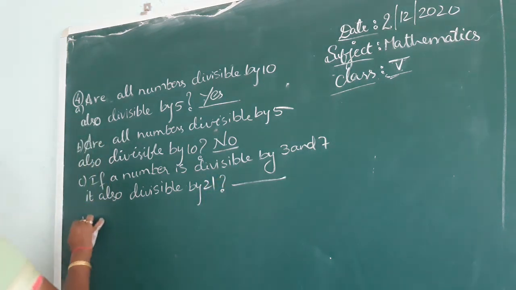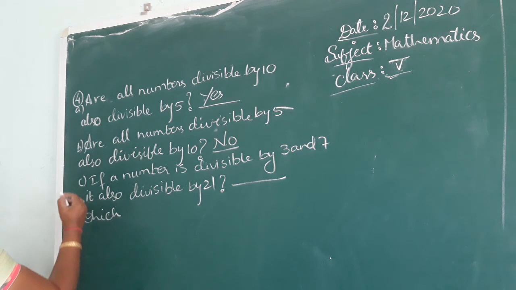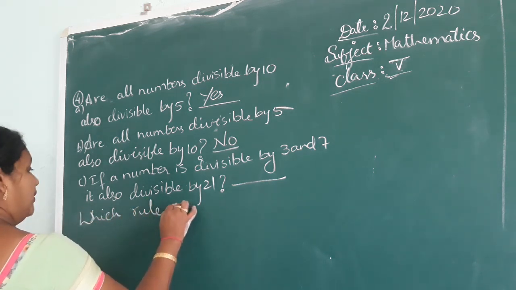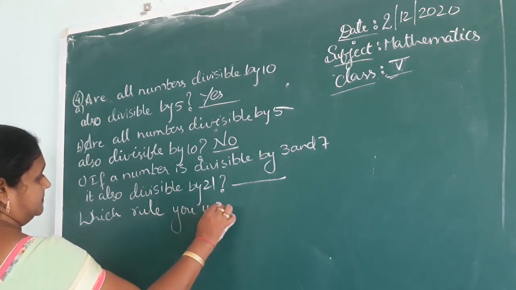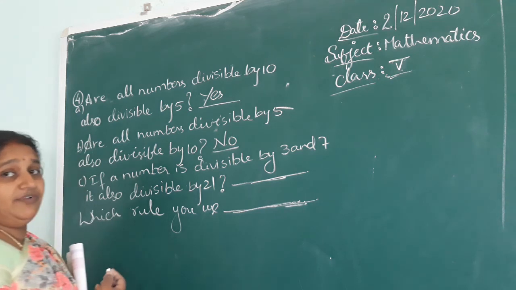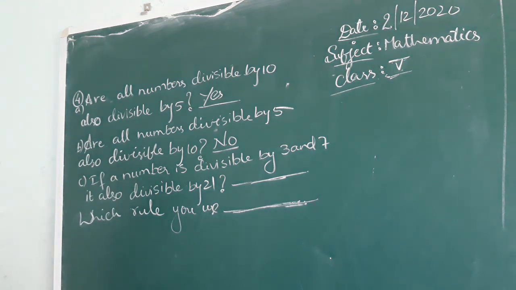Which rule do we use? Here 3 and 7 are factors of 21. So if the number is divisible by 3 and 7, it will be divisible by 21.